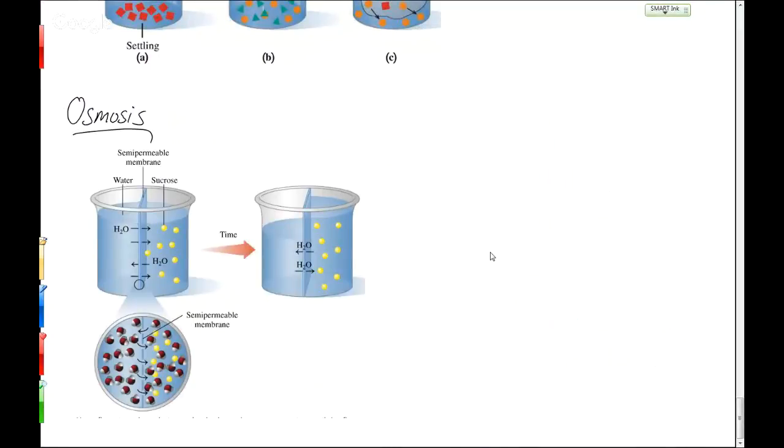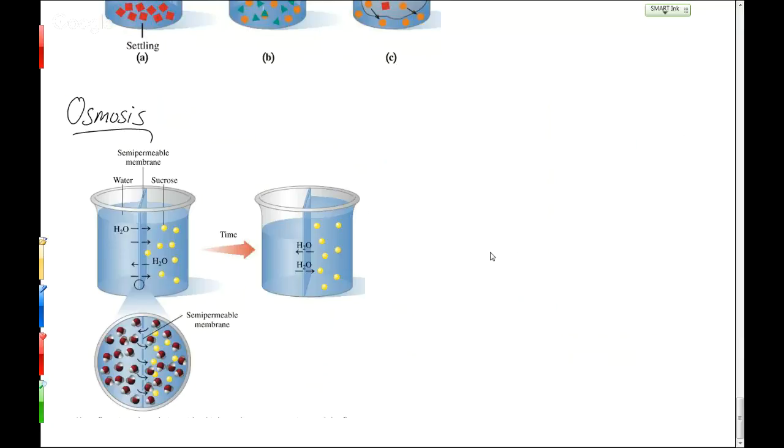So let's say we have a container that we separate in the middle with one of these semi-permeable membranes. On one side, we put pure water. On one side, we put sucrose, table sugar. The water will diffuse back and forth through that membrane, and that's called osmosis. But importantly, it will go more in one direction than the other.